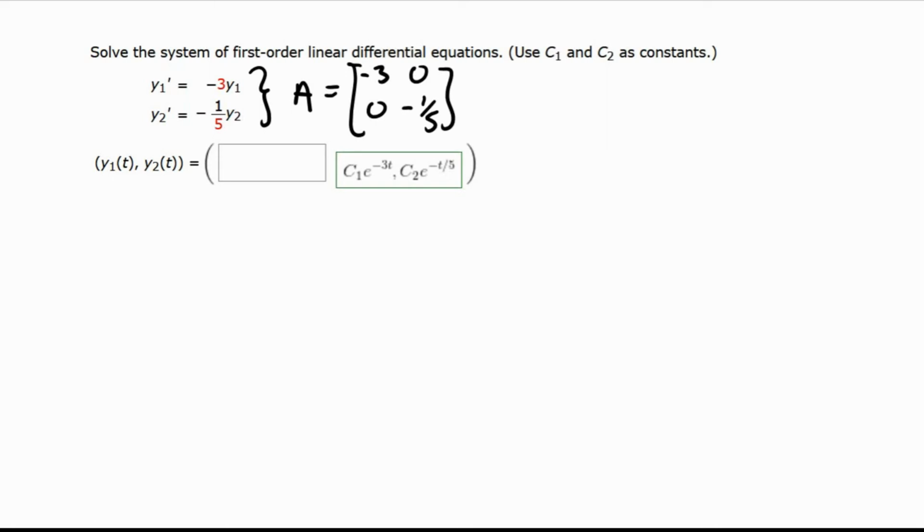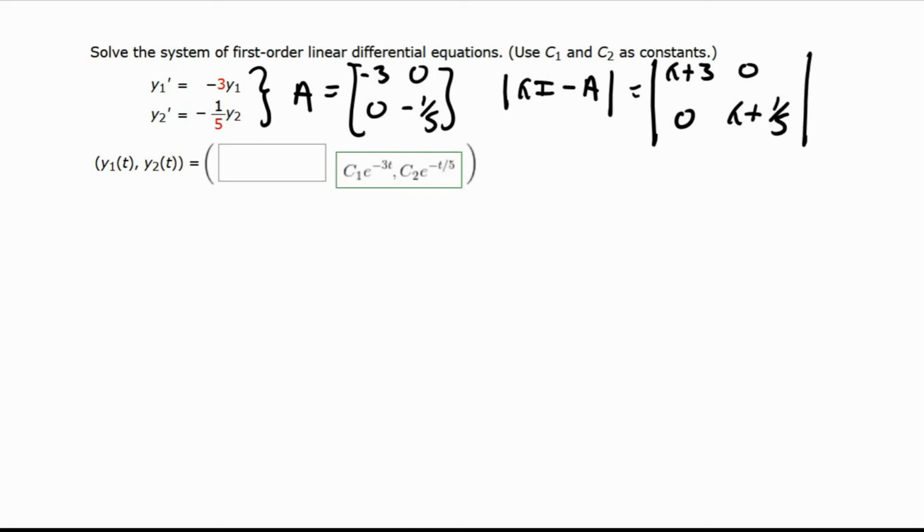So we use what we know in terms of the eigenvalues and eigenvectors, and so we have the determinant of lambda times the identity minus A, and that gives us this determinant of lambda minus a negative 3, which is lambda plus 3, 0, 0, and then lambda minus a negative 1/5, which is lambda plus 1/5.